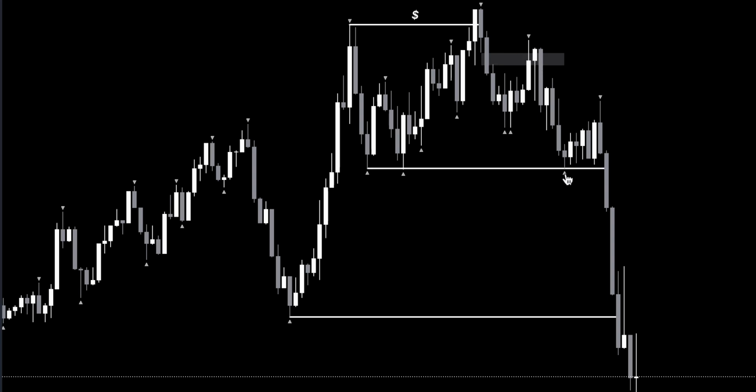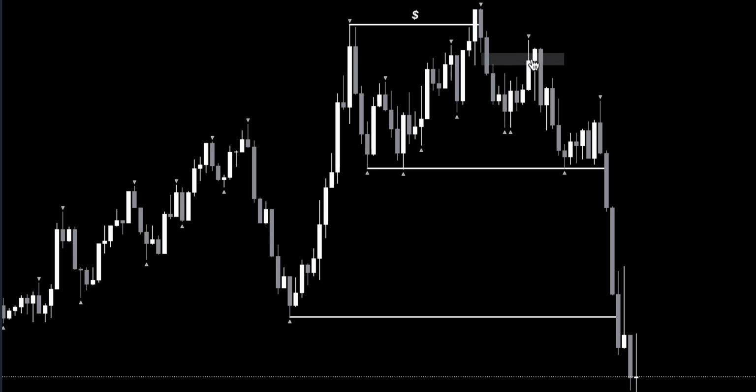So we're looking for shorts on the market. The reason is that we see this deviation, the run on liquidity, i.e. the buy stops, then an instant displacement to the downside, leaving a fair value gap. This indicates that the bulls, the longs, are depleted, and that strong bearish momentum has just stepped into the market.